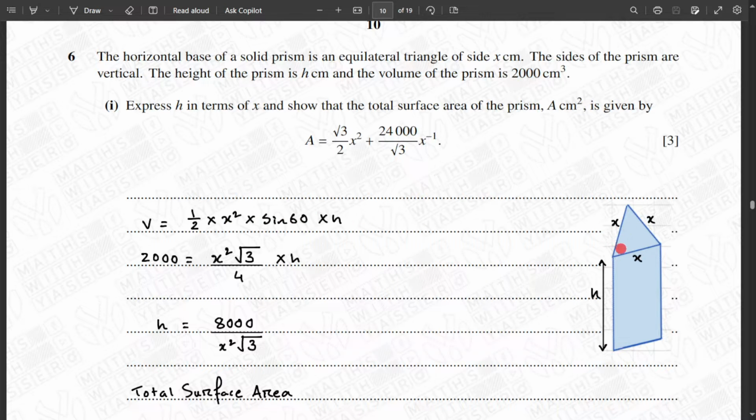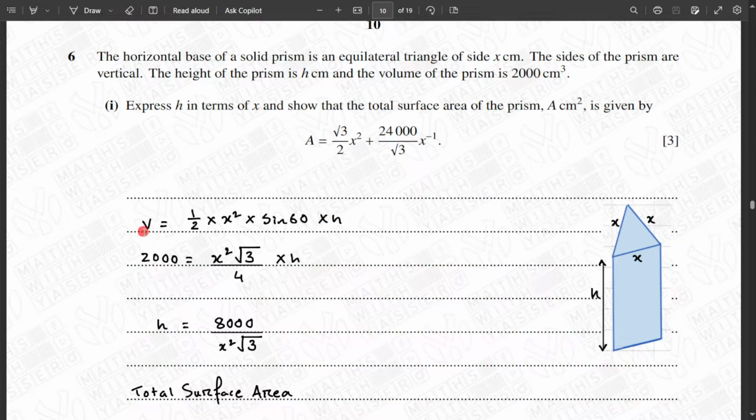So the cross-sectional area for an equilateral triangle will be half ab sine theta, where it's already provided that the side of the triangle is x, so it will be half times x times x times sine 60, because each interior angle of an equilateral triangle is 60 degrees. So that will give you half x square sine 60 and times the height.